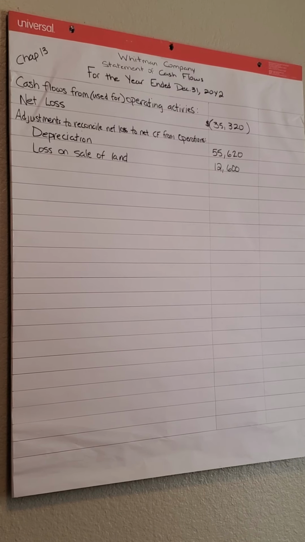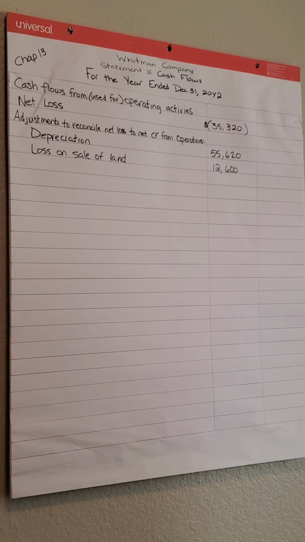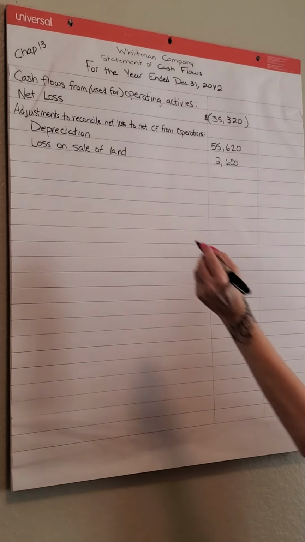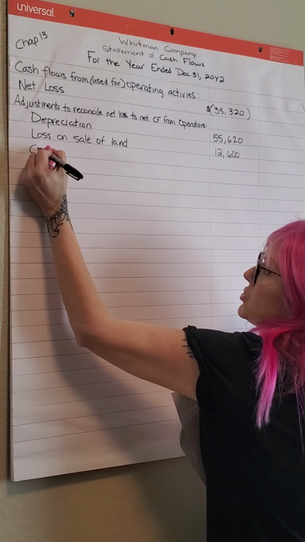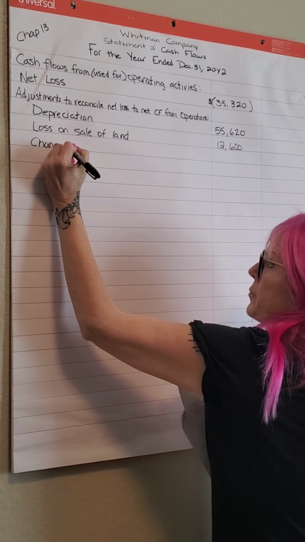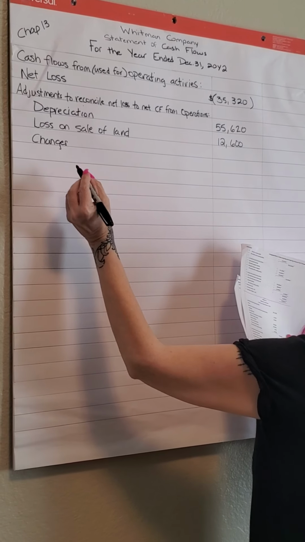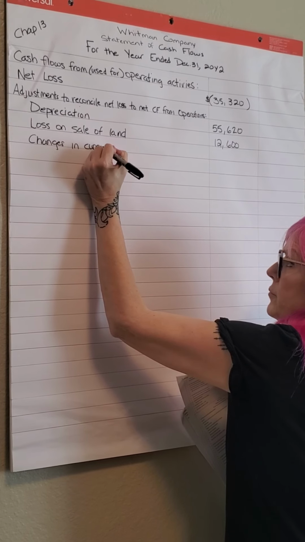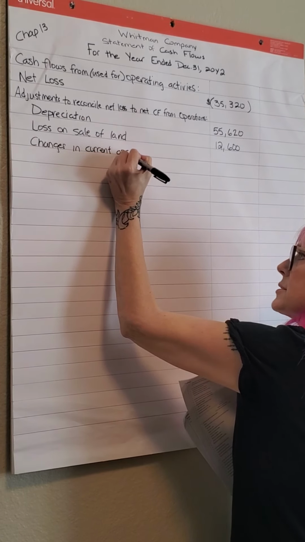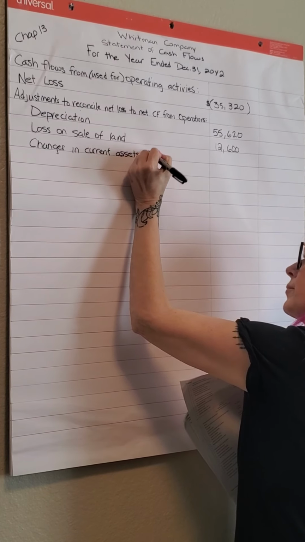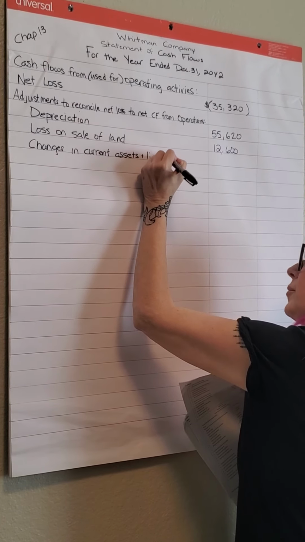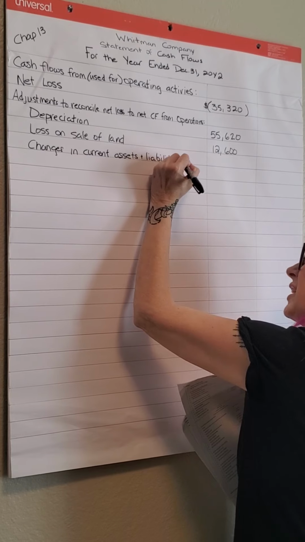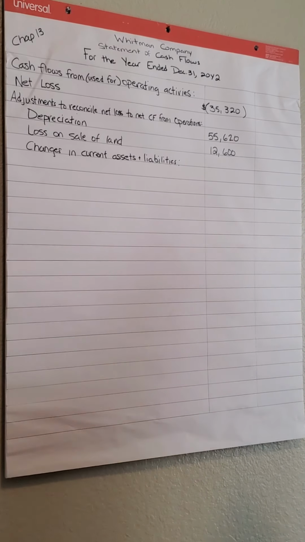The next subheading we're going to look at is changes in current operating assets and liabilities. And that's going to be during the accounting cycle.